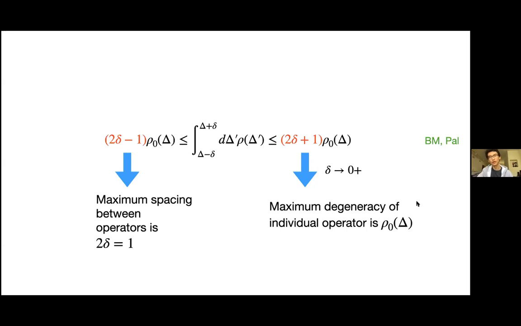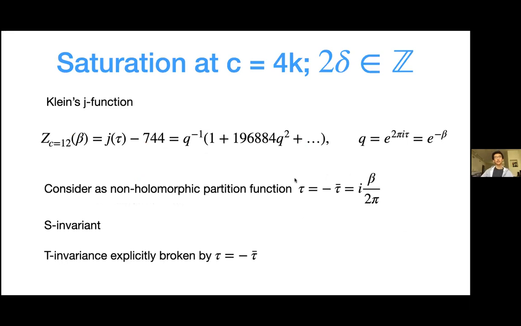So first, let me discuss. You can actually saturate these bounds for integer-sized intervals and for central charges which are multiples of 4. For example, for c equals 12, you can consider the J function, Klein's J invariant.